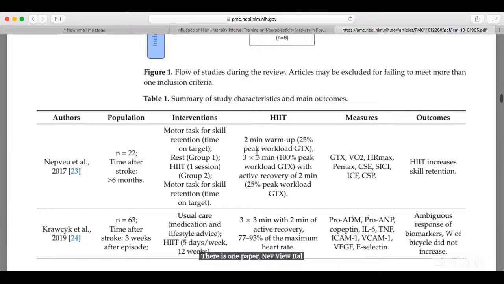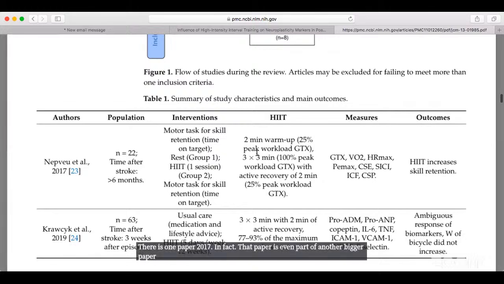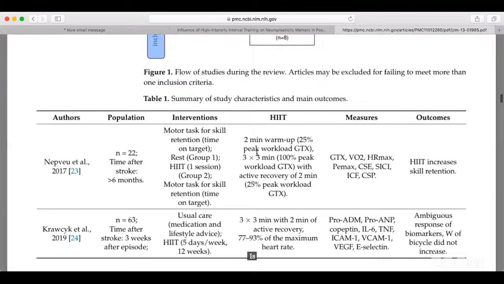In fact, that paper is even part of another bigger paper, a systematic review, that has confirmed that HIIT exercise, high intensity, whatever exercise, is effective in improving your neuroplasticity. This is what neuroplasticity is all about.